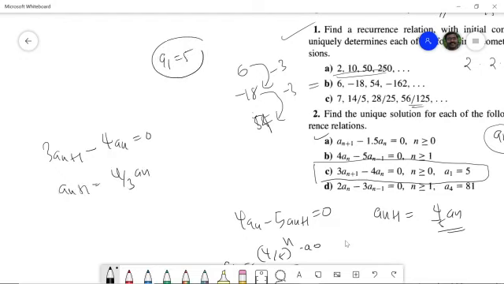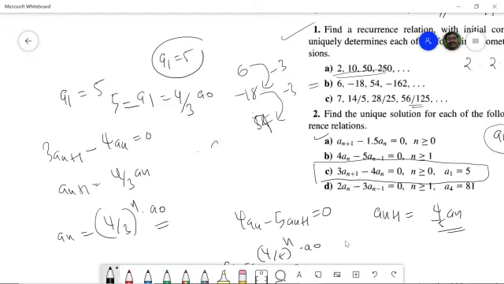The general formula would be an is equal to 4 by 3 raised to n into a naught. And a1 is given to you. a1 is basically 5. a1 was actually 4 by 3 into a naught. So here 5 is equal to 4 by 3 into a naught. Therefore my a naught is actually 15 by 4. Therefore the solution will be 4 by 3 raised to n into 15 by 4.